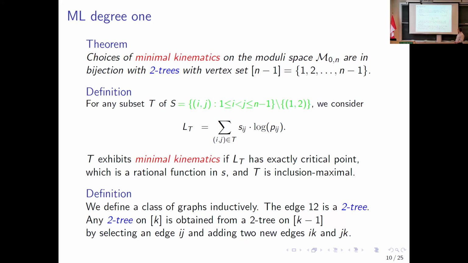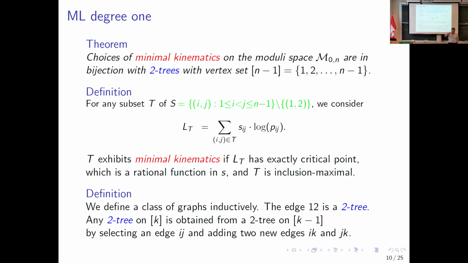They're still parameters. Now I'm going to say that this subset T exhibits minimal kinematics if this new likelihood function has exactly one critical point, and it's inclusion maximal with this property. So I'm progressively setting Sijs to 0, and the number of critical points goes down.